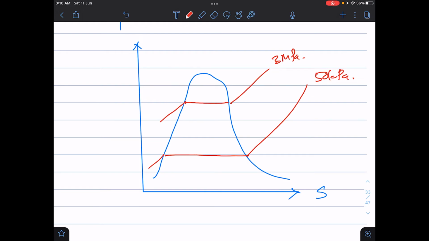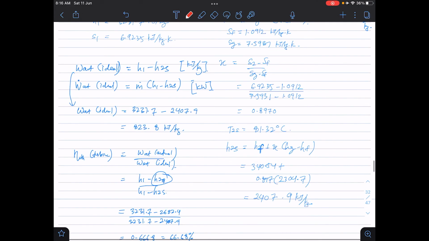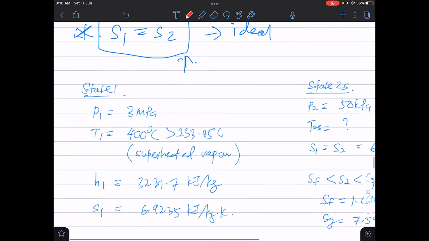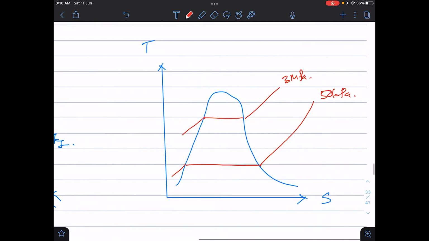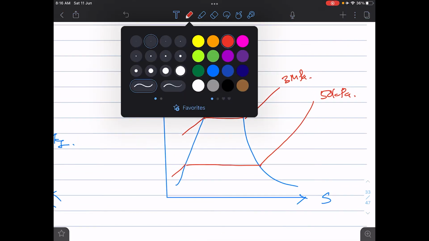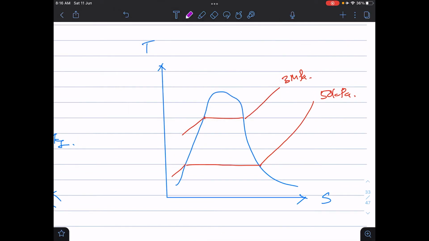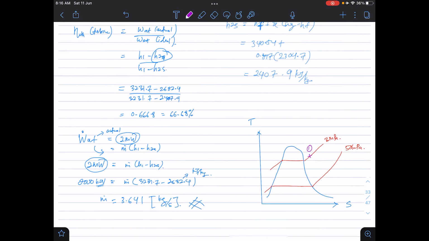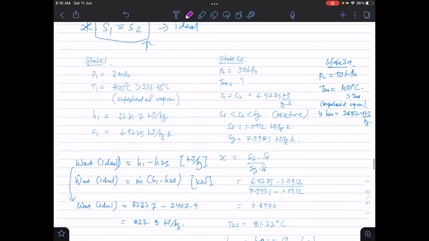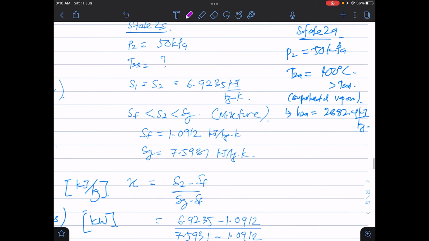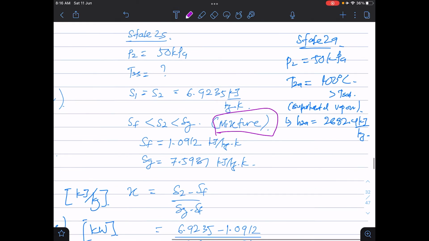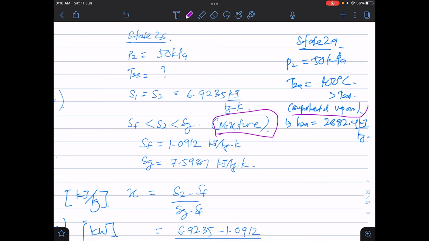So basically, state 1 here is a superheated vapor, meaning that it lies on the right side of this diagram around here. Then state 2A and state 2S. For state 2S just now, I think it is a mixture. While state 2A is a superheated vapor.